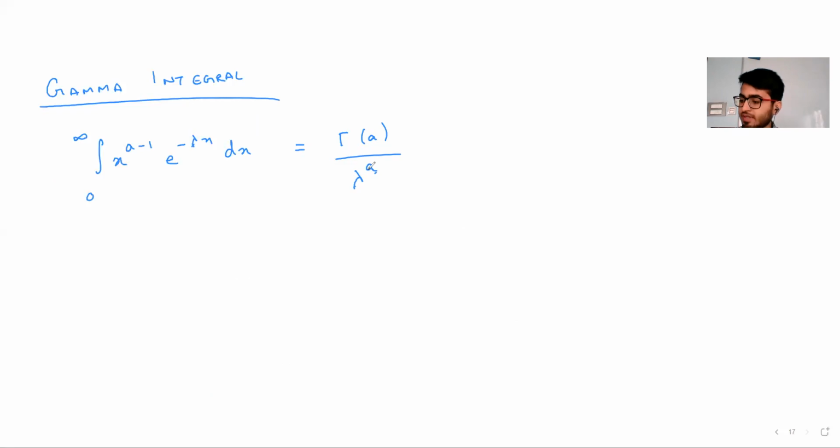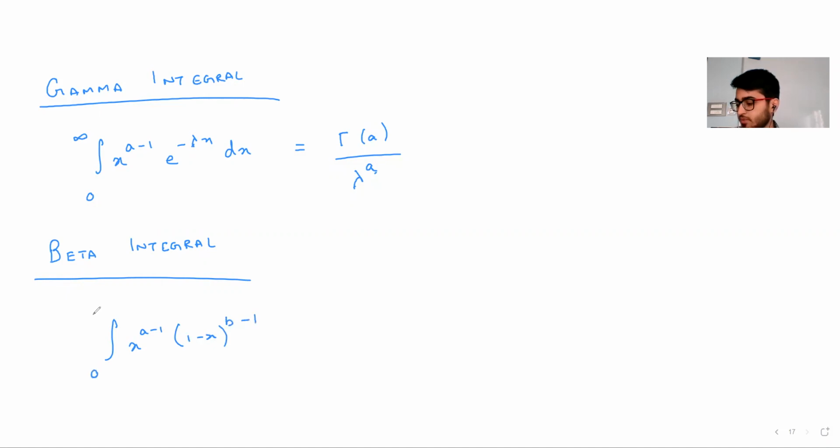And similarly, we have something called a beta integral, which is of the form x to the power a minus 1, 1 minus x to the power b minus 1, 0 to 1 dx. And this is nothing but gamma a into gamma b by gamma a plus b.